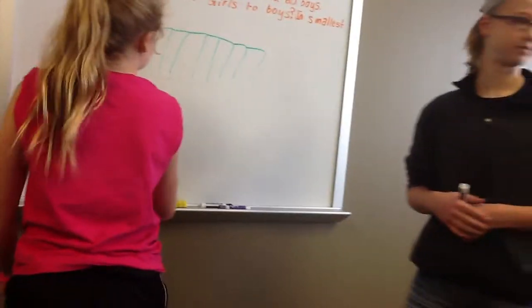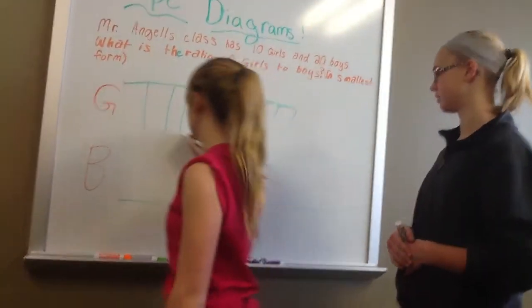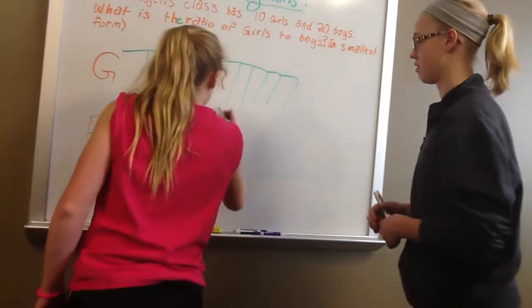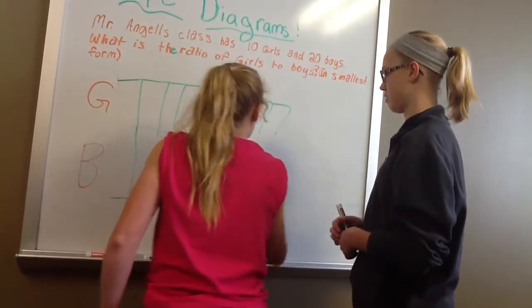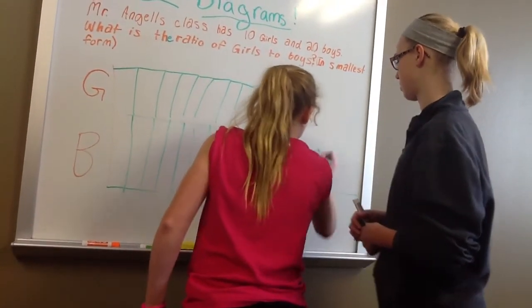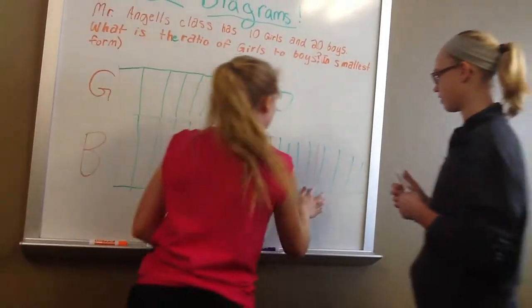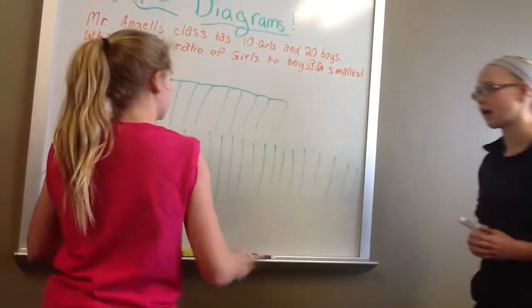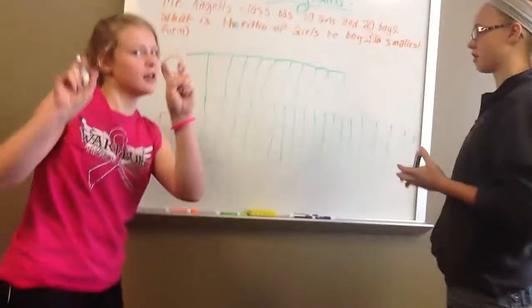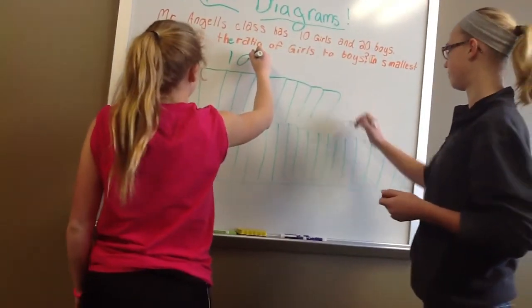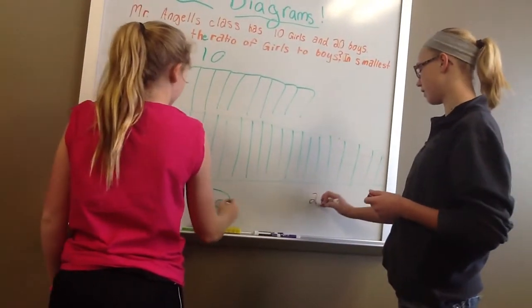And then we're gonna say that that's 20. Okay, 20 boxes. Yeah, so those are all equal. So there's 10 up here and 20 down here.